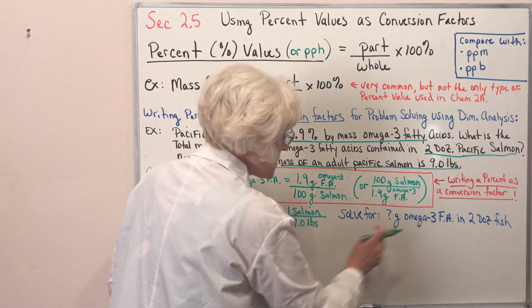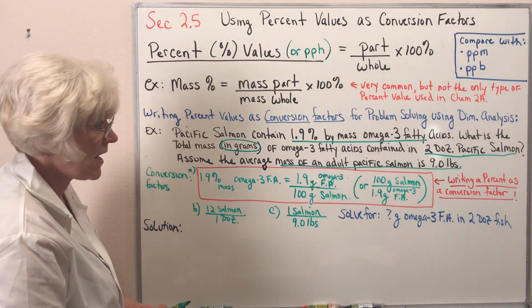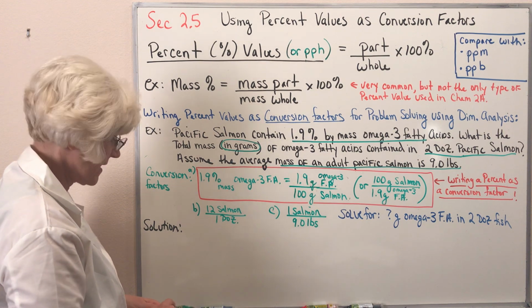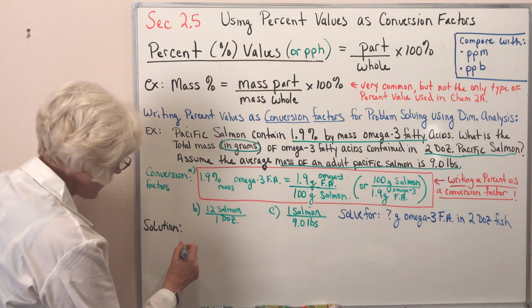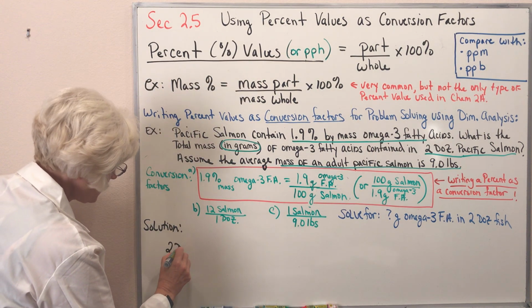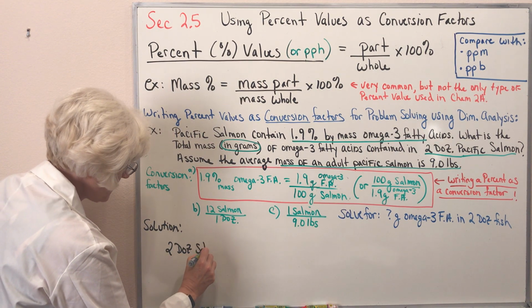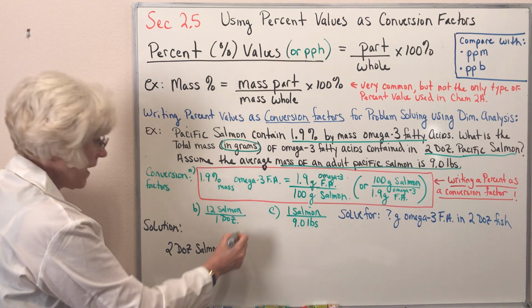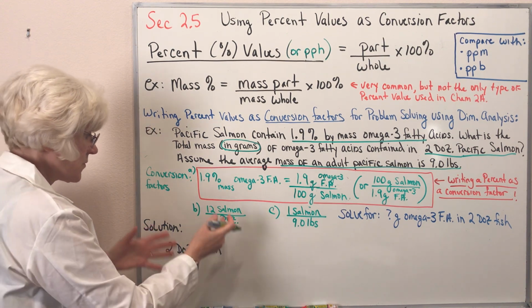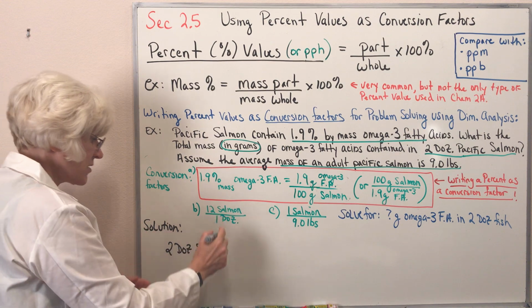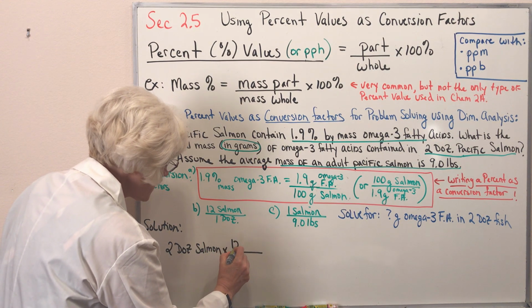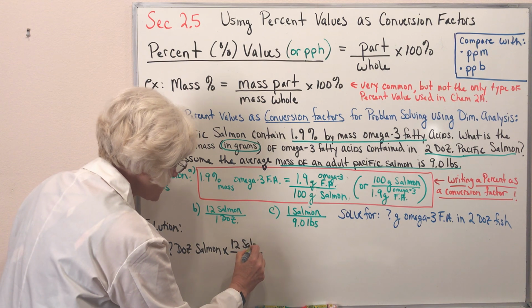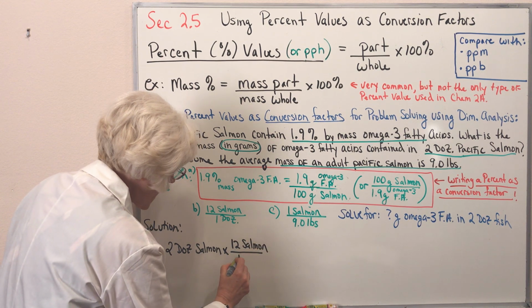And then I'm asked to solve for the number of grams of omega-3 fatty acids in 2 dozen fish. So my starting point here is 2 dozen salmon. I'm going to use the relationship between 1 dozen and 12 to convert from 2 dozen to the total number of salmon that I have present.